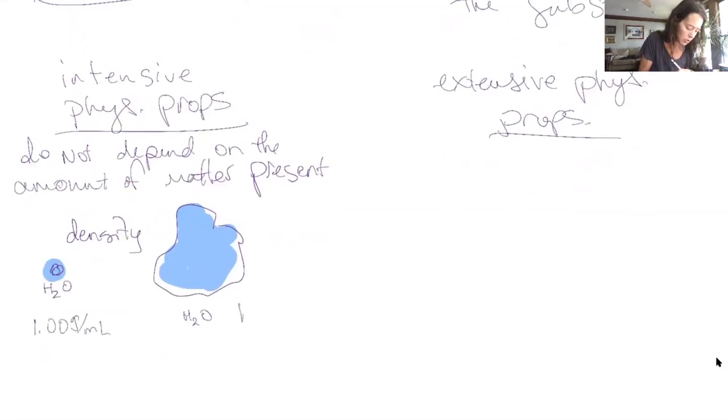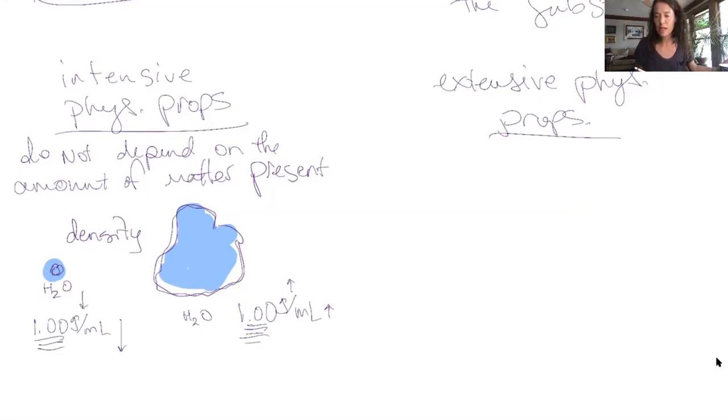And the large sample has a density of 1.00 gram per milliliter, right? Because as the sample size goes up and its volume goes up, well, its mass also goes up, but the ratio of those stays the same. If the volume goes down, well, then the mass goes down and the ratio of those two values stays the same. Okay.